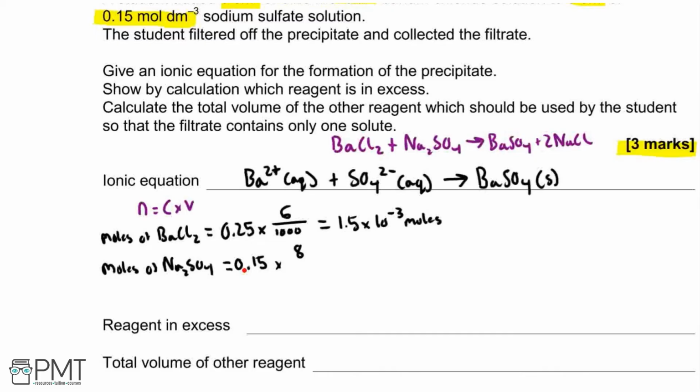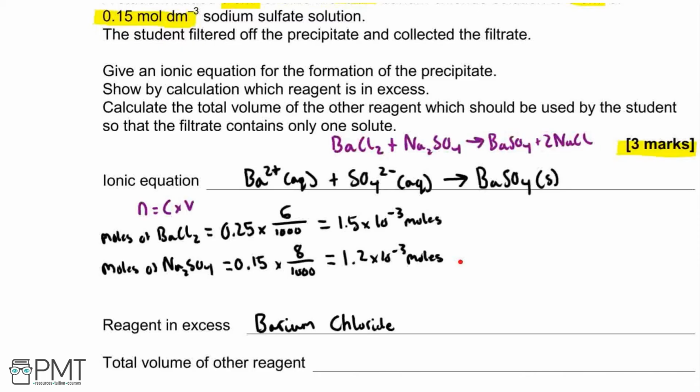So we have 8 over 1000, and that gives a value of 1.2 × 10⁻³ moles. Comparing our two values, 1.5 × 10⁻³ is higher than 1.2 × 10⁻³. So therefore, the reagent in excess is our barium chloride. Now, this is only worth 1 mark.